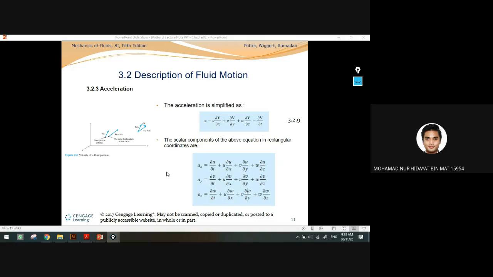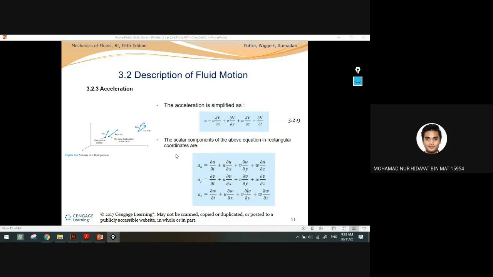Remember, we use the Eulerian description, the function of space and time. This is time. When considering x, this is u. When considering y, this is v. Considering z, this is w. And follow the next part. This is u, v, and w, right? This is UVW. The same thing happens here.